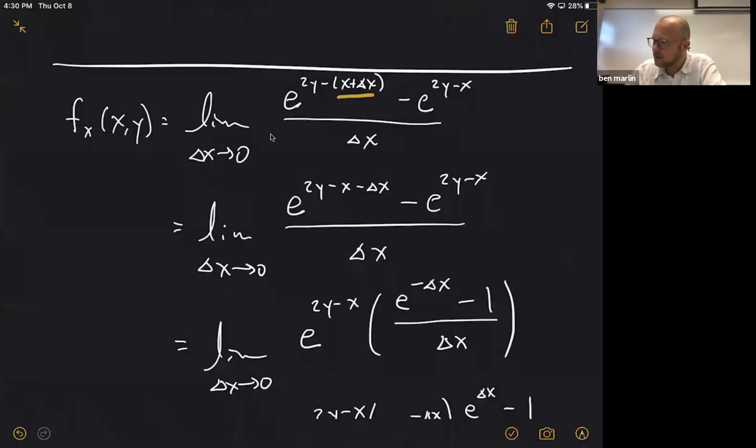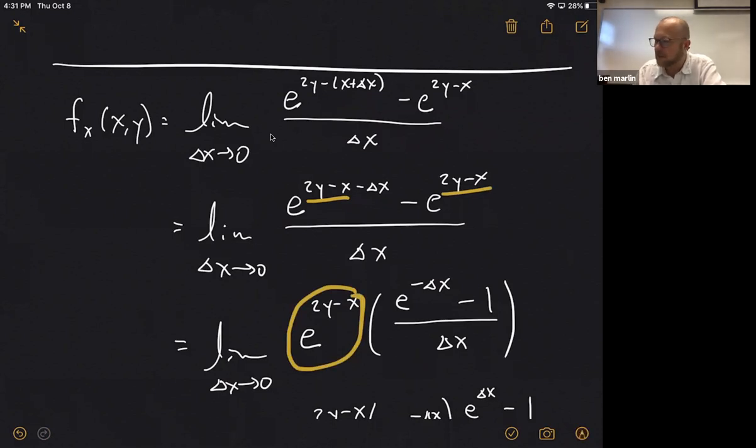So then once you've done that, here all I'm doing is distributing out that minus sign, but remember it's inside of an exponent, okay? Now, the thing that you have to spot though is that if you've got this 2y minus x here and this 2y minus x here, they are both in something that we can factor out.